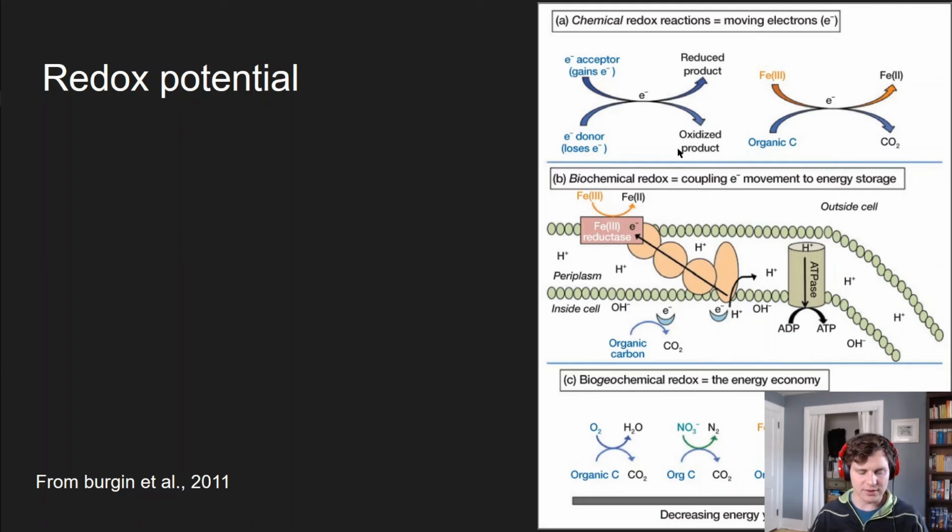We're often used to thinking about how humans process energy, and we of course breathe oxygen, and that's down here in the bottom left of this figure. That means that oxygen is our final electron acceptor, and what is donating electrons is usually organic carbon, and oxygen basically has a very high efficiency. So you get a lot of energy out of this reaction, but it's not the only reaction in life where you can have a final electron acceptor.